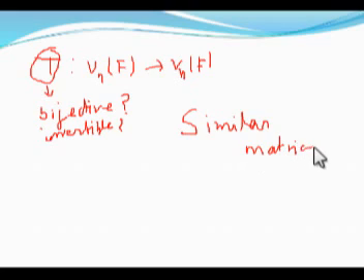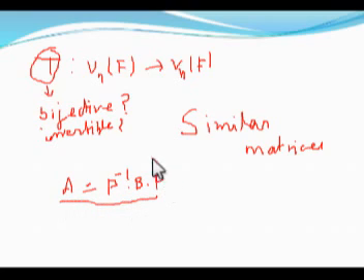Matrices are called similar matrices if any matrix A can be expressed by another square matrix, both being square matrices, using a model matrix P. Here B is transformed into A by a model matrix P. So we need to find out the model matrix.